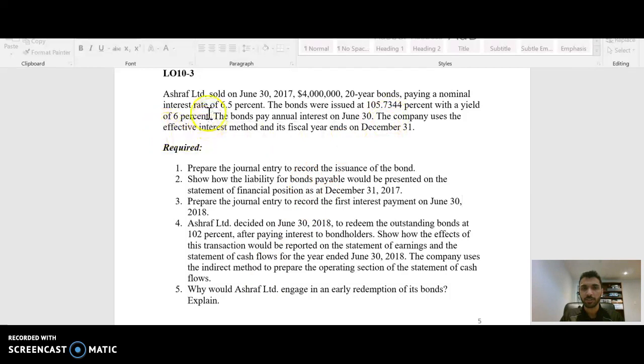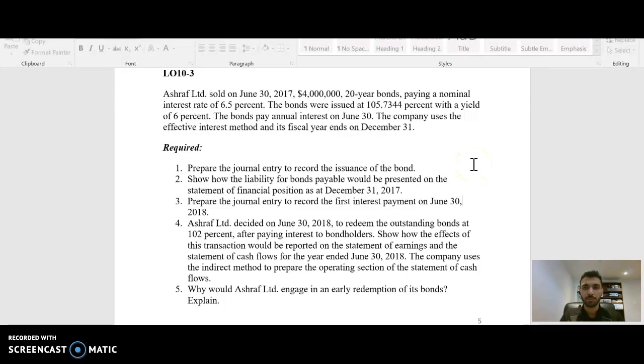And let's say there's some kind of recession, and the market rate has gone from 6 to 4. Ashraf knows this, so what they could do is entice the bondholders and say, hey, we will pay you an extra 2% if you want to cash out your bonds right now. And they'll pay the extra money up front so that they can issue new bonds at a lower interest rate. That could be one reason.